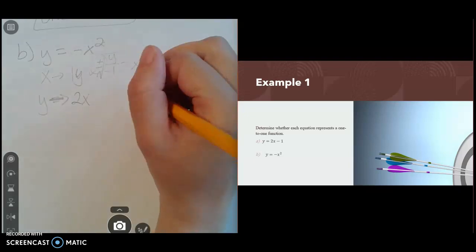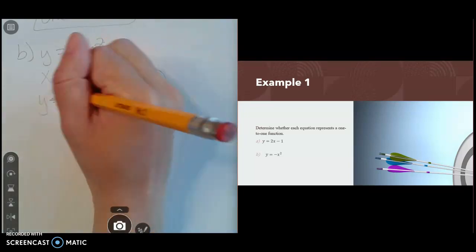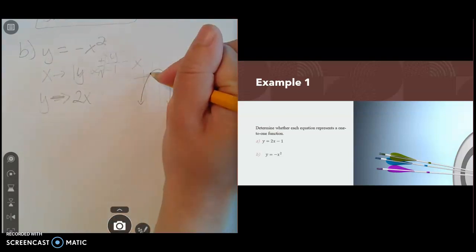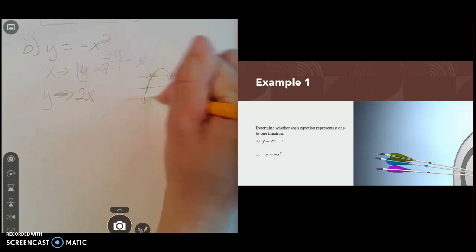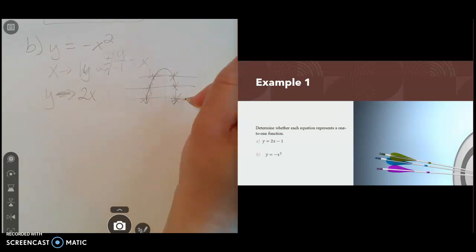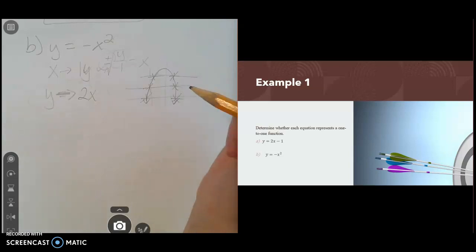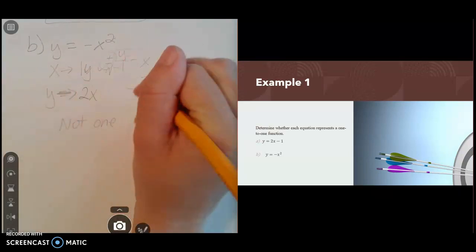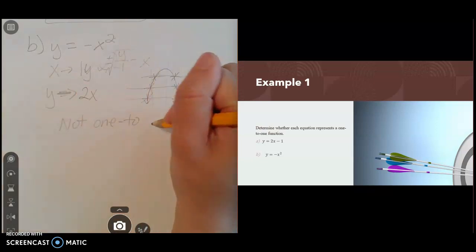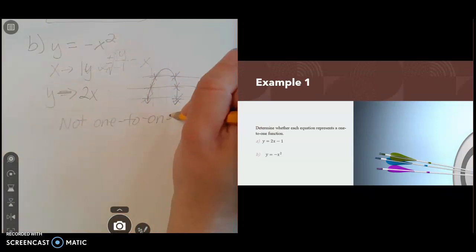The horizontal line test is what's going to give us more of a problem. Lots of horizontal lines go through more than one point, right? So it fails the horizontal line test pretty miserably. So this one is not a one-to-one function. It is a function that passes the vertical line test, but it is not one-to-one.